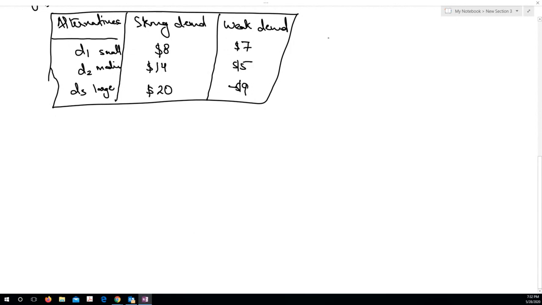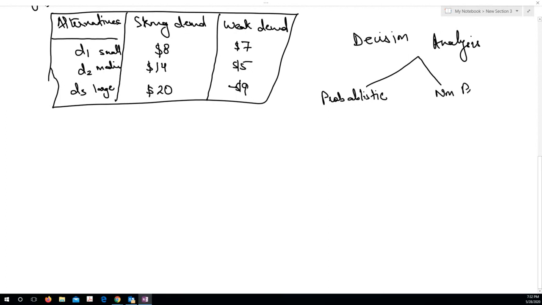This problem can be approached either in a probabilistic way, or you can take a non-probabilistic approach. All right, so let's talk first about the non-probabilistic way.